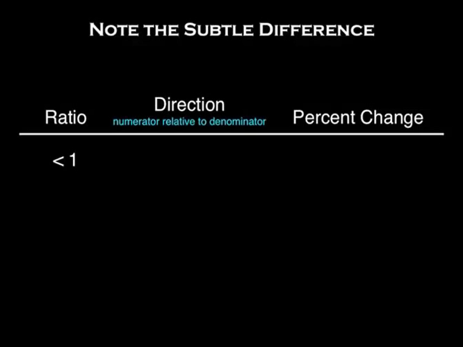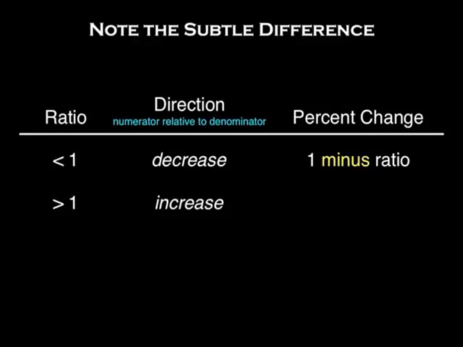If the ratio is less than 1, that means the numerator is decreased relative to the denominator. The percentage change will be 1 minus the ratio, and that will be a percentage decrease. If the ratio is greater than 1, that means the numerator is increased relative to the denominator, and the percentage change is the ratio minus 1.